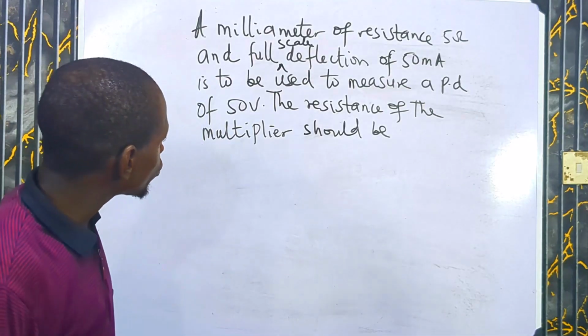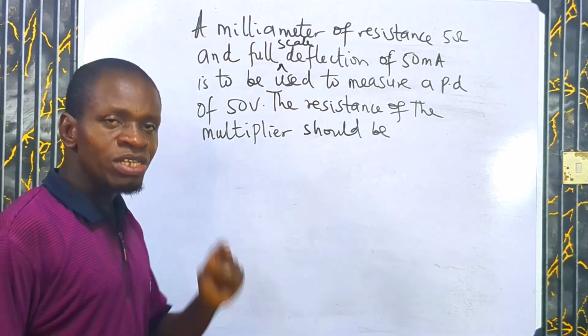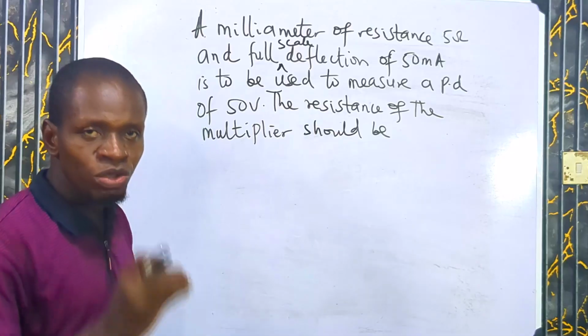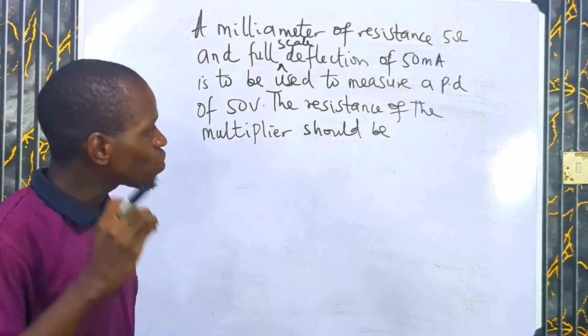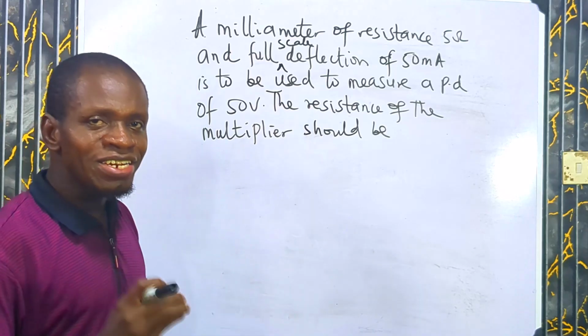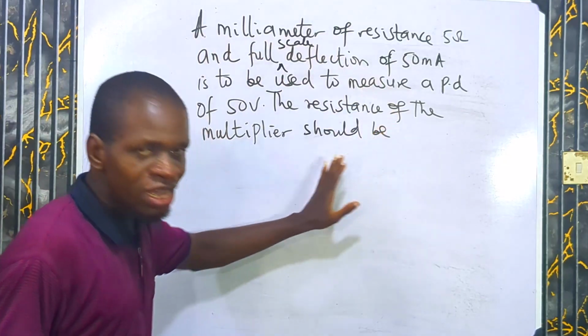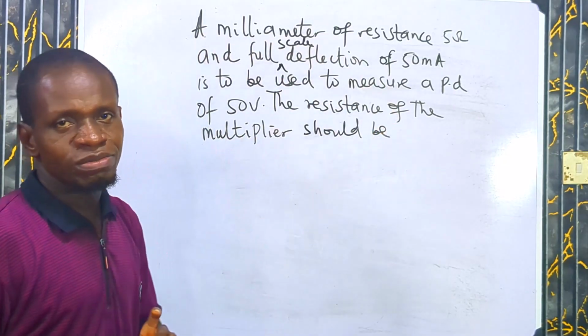Normally if I look at this question, even if they did not mention the word multiplier or shunt, how will I know whether this question is shunt or multiplier? It's very simple. I look at the question very closely for one thing.